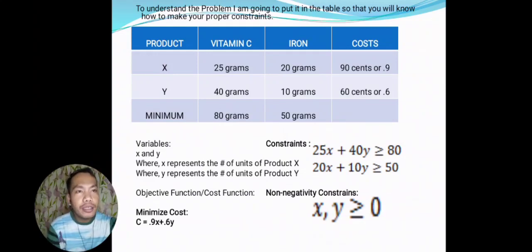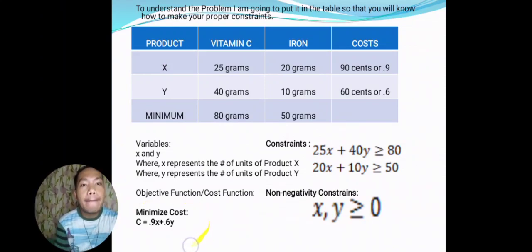I already put it in the table. As you can see here, this is our cost function. You just add it. So C, which represents the cost, is equal to 0.9x plus 0.6y. So this is now our minimized cost. This is our main goal, to get the value of each constraint.